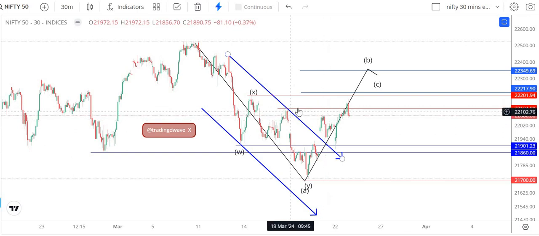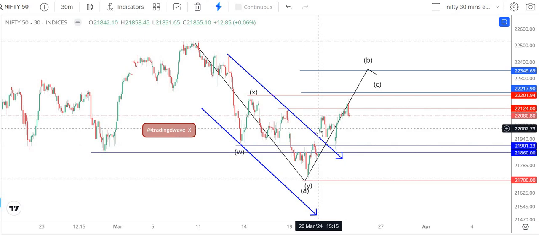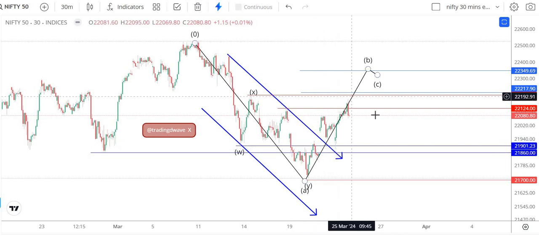Because this red line was approaching and it was a gap up, and the anticipation was that it may fill this gap, this zone, but it didn't do so on that day. But on the next day it went here, it almost filled this. It touched this support zone and then went up.